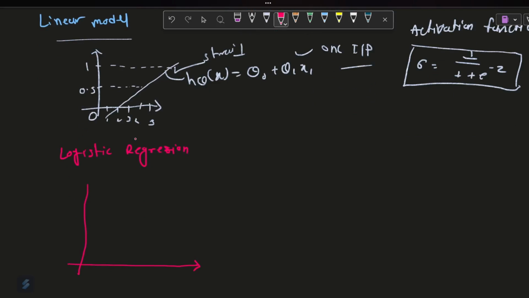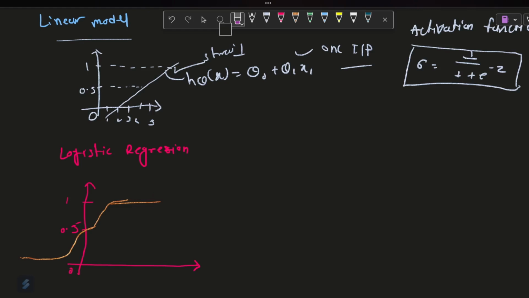We have data points, and this is zero, this is one, and this is the midpoint 0.5. When we draw the graph, the graph looks like that. Basically, it means this is skewed.